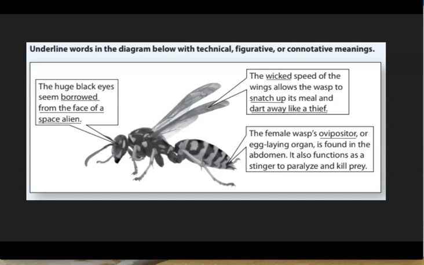A good way to identify technical language is, first of all, a word you've never seen before, or a word that you're pretty sure you wouldn't come across in a novel. It's just an unusual word. So ovipositor, that is definitely some technical language. And then also we've got abdomen. That is some technical language. And finally, paralyze. So go ahead and underline all those words if you haven't already done so.